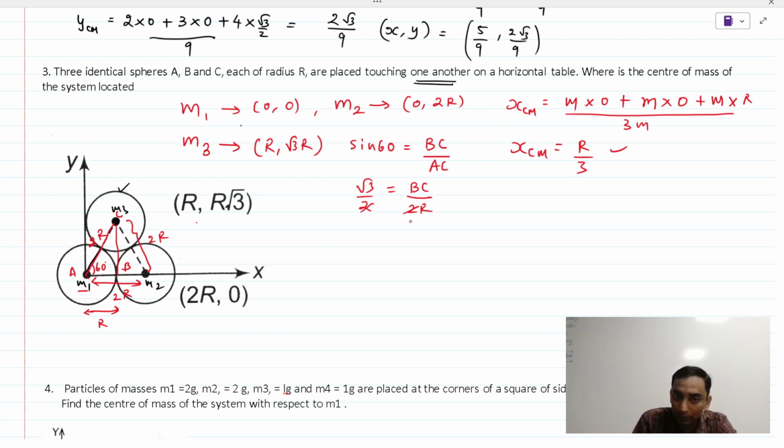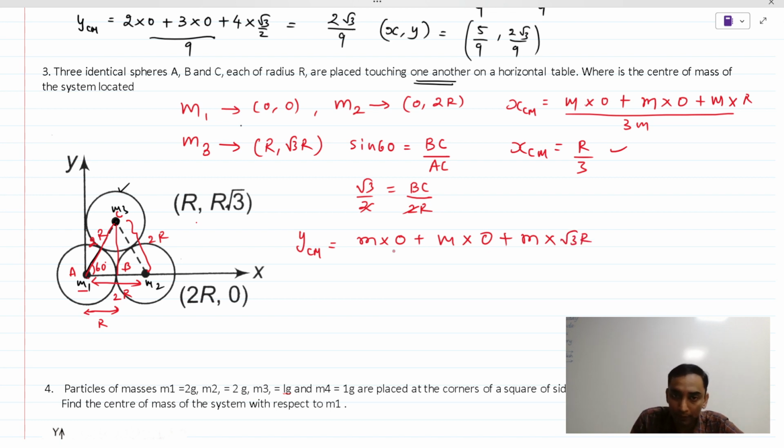In the same way, let me find out YCM. So YCM is equal to m into y coordinate 0, plus m into again 0, because both masses m1 and m2 are located on the x-axis, plus I should write down m3, and m3 is simply m, but its y coordinate we have just now found out, that is equal to root 3 r.